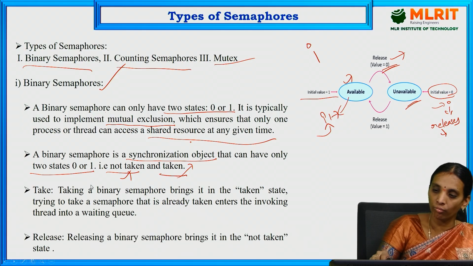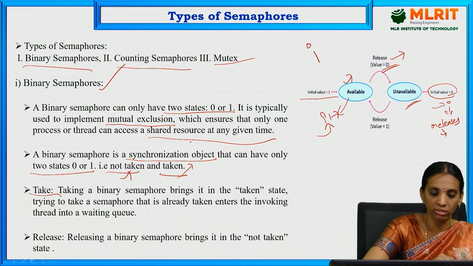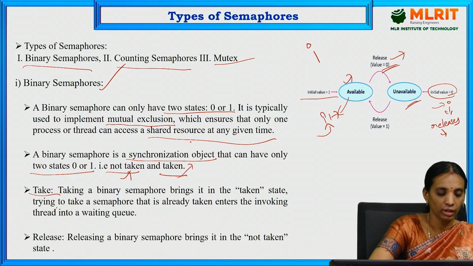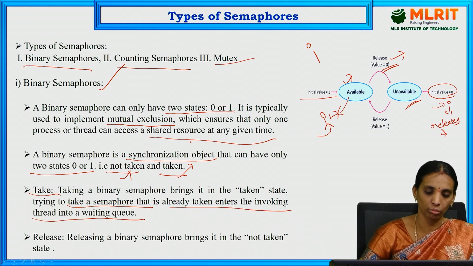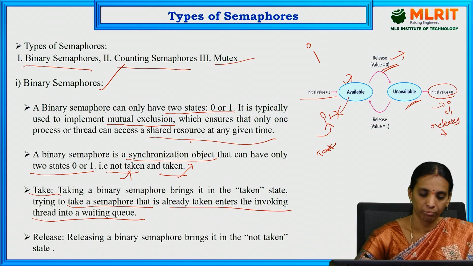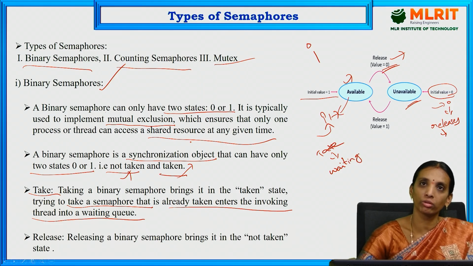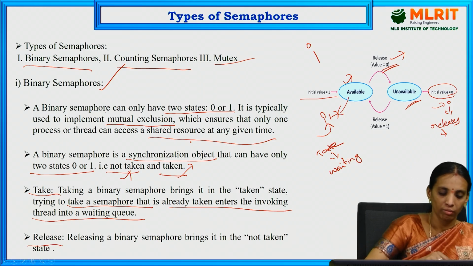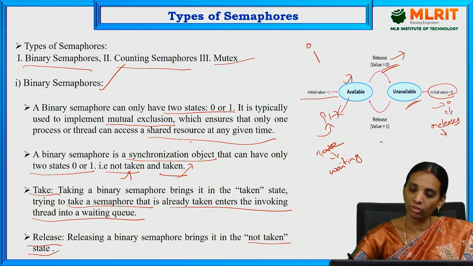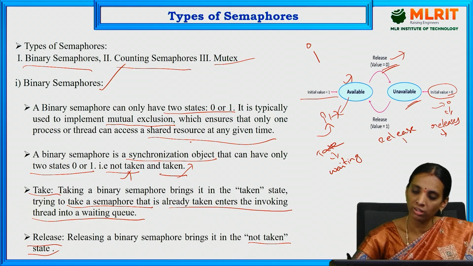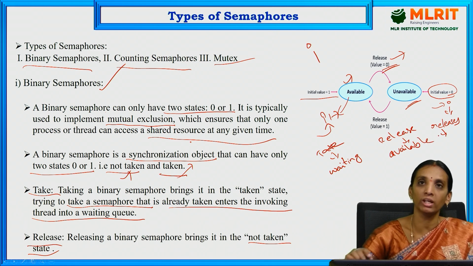Trying to take a semaphore that is already taken puts the invoking thread into the waiting queue. Releasing the binary semaphore indicates the not taken state, meaning the resource is not held by any process.